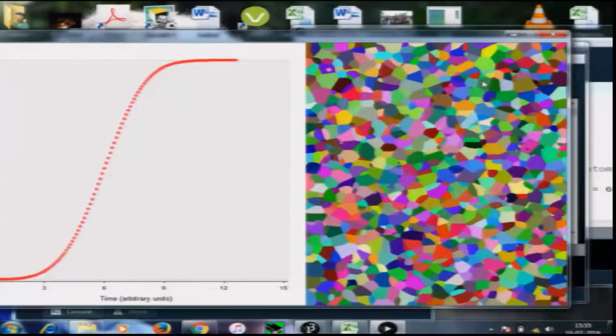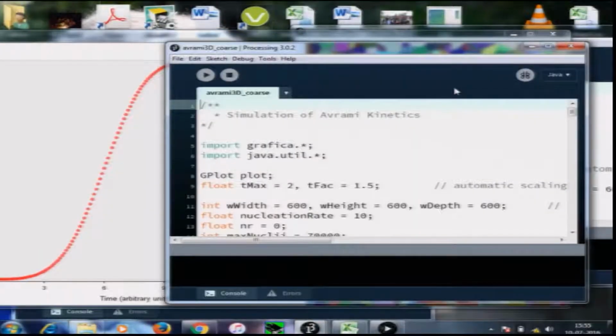Now let me look at another example where the nucleation rate would be reduced significantly and the growth rate would be increased.